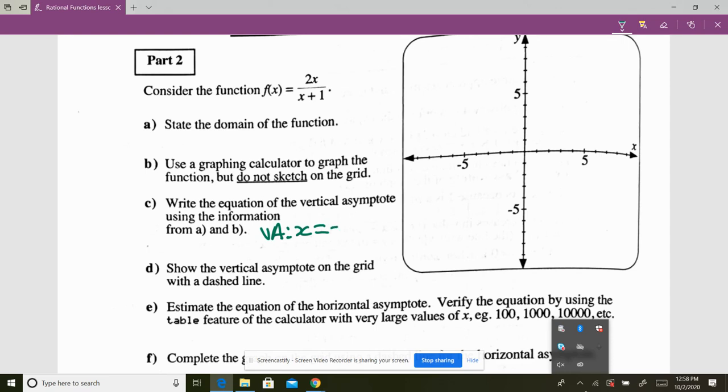So in this case, it's -1. So our vertical asymptote is at -1. I draw that on the graph. There's our vertical. X is equal to -1. Horizontal. That one is 2. Why? Yes. Because they have the same degree, so you look at the coefficients. 2 over 1, so it's 2. So at 2, we have horizontal asymptote.